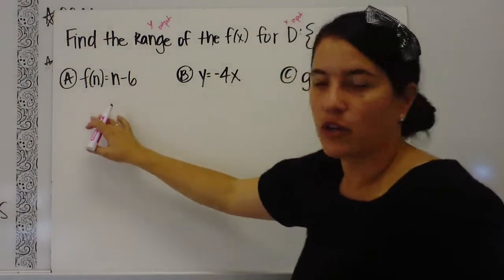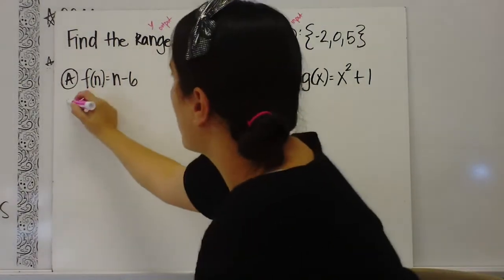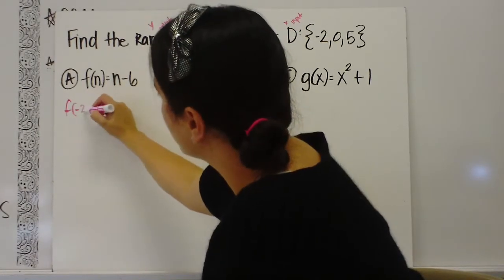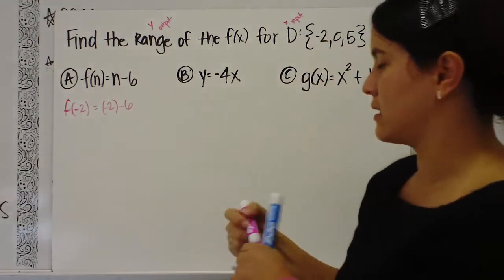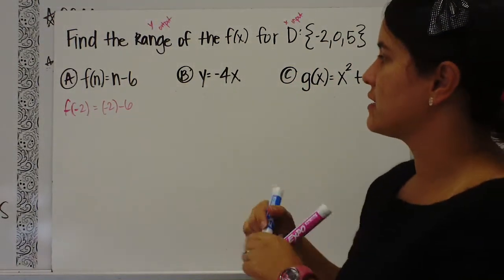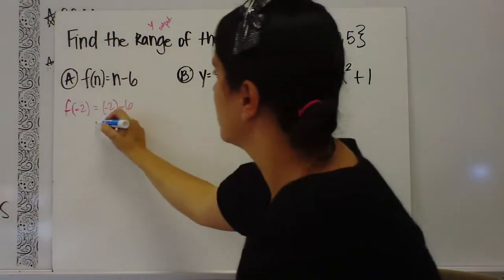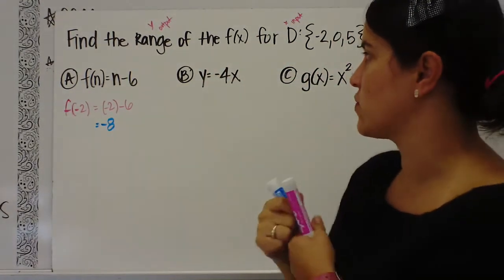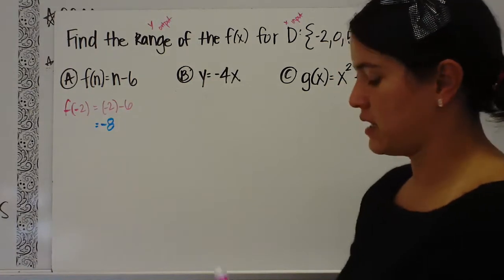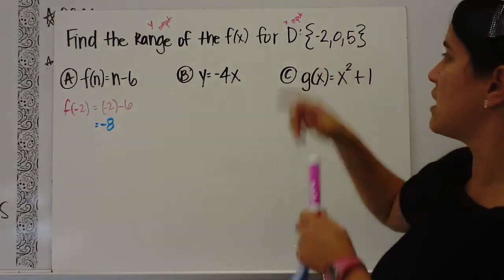So in A, we're going to have first f of negative 2 equals negative 2 minus 6. Negative 2 minus 6 would be negative 8. So that was the first one. We have to do this one again with 0.